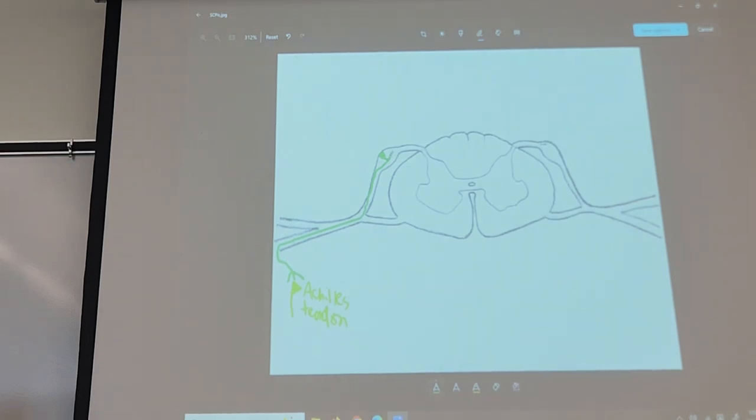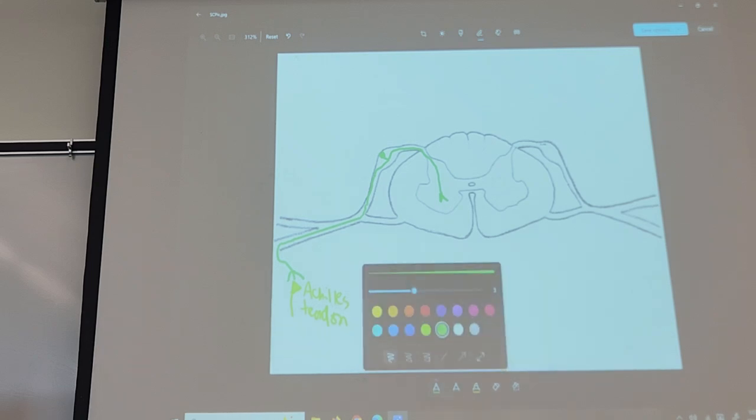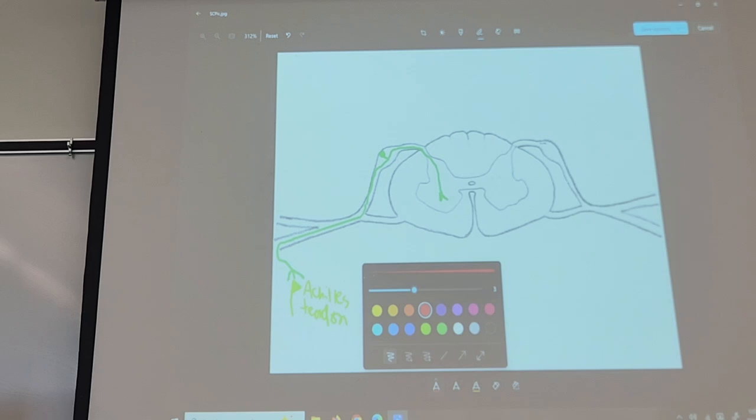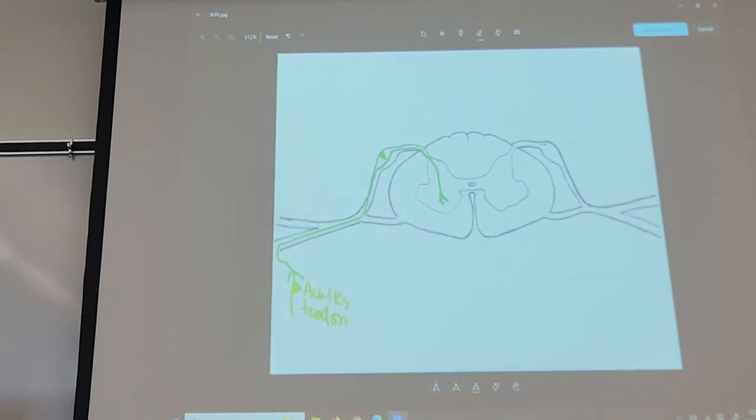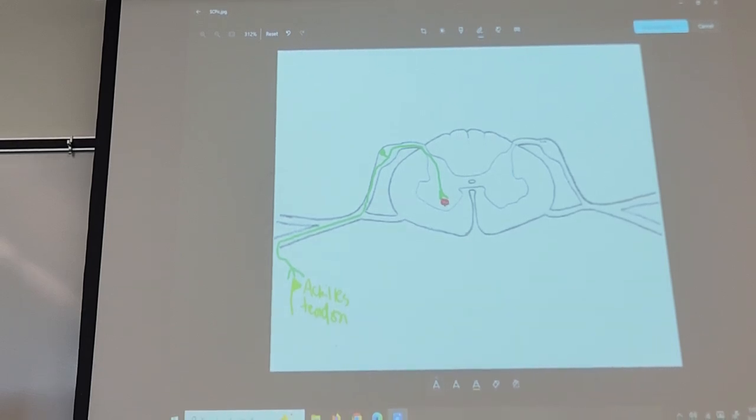So now I'm gonna continue with the central process, and that's gonna continue and enter the spinal cord into the posterior horn. But it's gonna continue, because we're drawing monosynaptic, and it's gonna terminate where? Anterior horn, right? Okay. Because we're talking about a somatic motor pathway, right? So the axon terminals then are gonna be in the anterior horn.